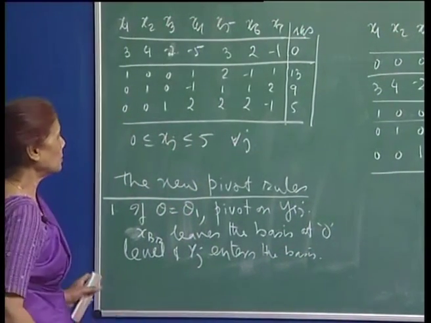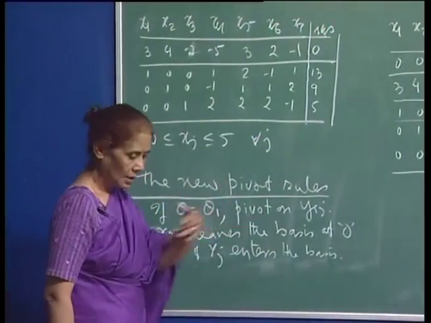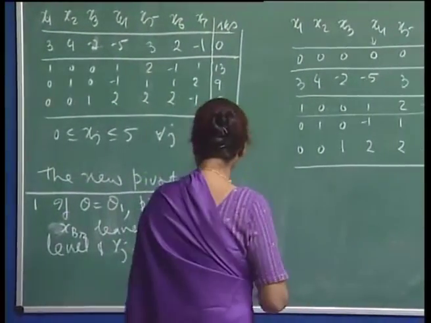This is your normal pivot. So we will pivot on YRJ and continue with the simplex algorithm.